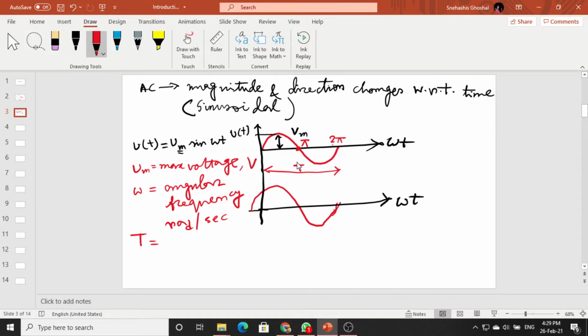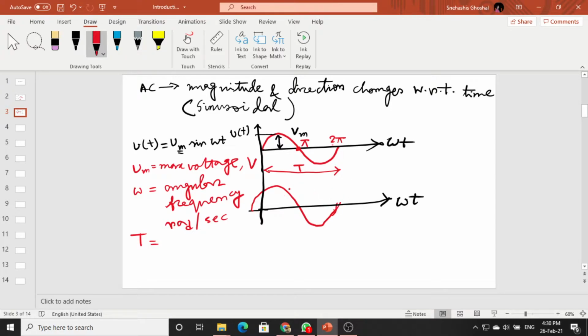After a certain amount of time the signal repeats itself. So in this case, after 2 pi, the signal is again repeating itself. So this 2 pi is the time period T. So time period means that a periodic signal repeats itself after a certain interval of time. That time interval is known as time period.